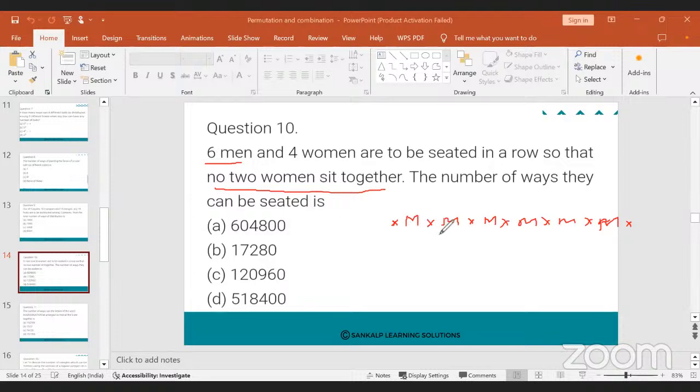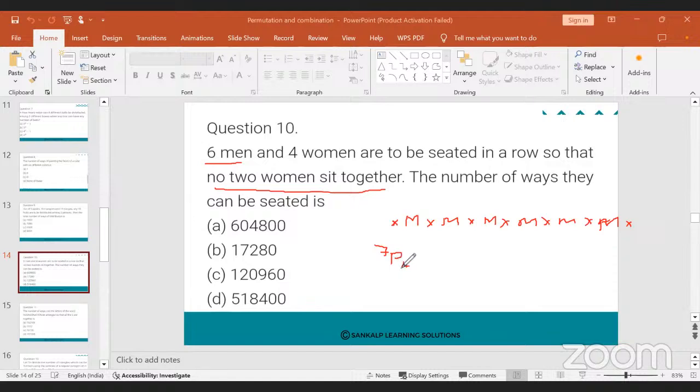Now next. How many spaces are there? 7 spaces, and 4 women can sit. Correct? Because 4 women are there. So 7P4. Why? Because there are 7 spaces and 4 women.